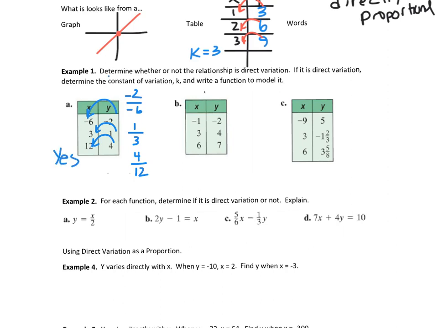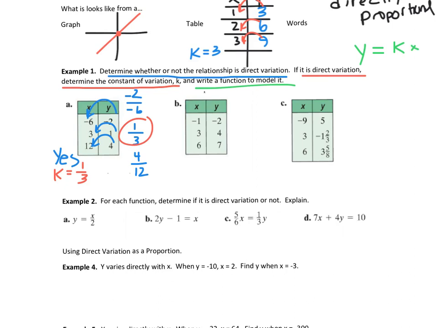Then the second part, determine the constant K. So the K is going to be 1/3, Y divided by X. And then your function is going to be Y equals KX. Direct variation is always Y equals K times X, where K is kind of like the slope. We also call it the constant of variation. So in this case, your equation is going to be Y equals 1/3 X.